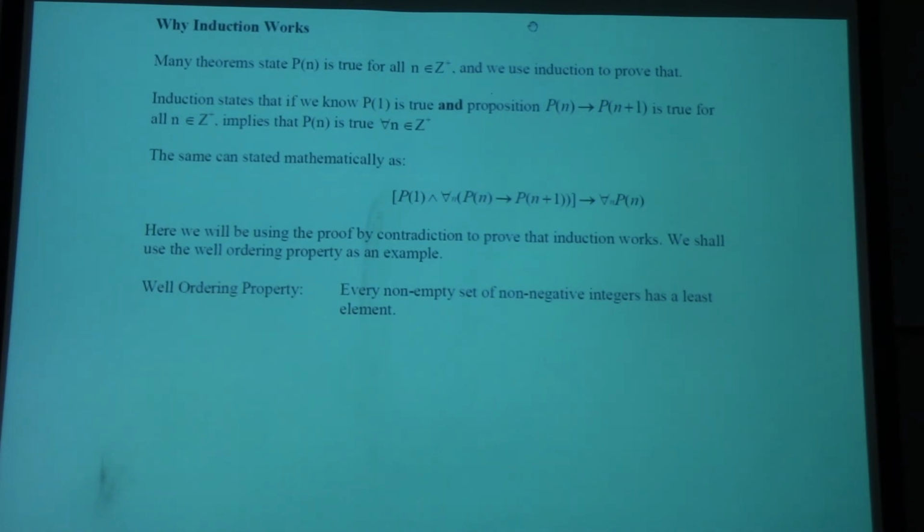P of n implies P of n plus 1. We're assuming it's true. Is it true? Yes or no? But we're assuming it's true. So therefore, our assumption could be wrong, or it could be right. If what we're trying to prove is wrong, then our assumption will be wrong, even though our basis could be right.